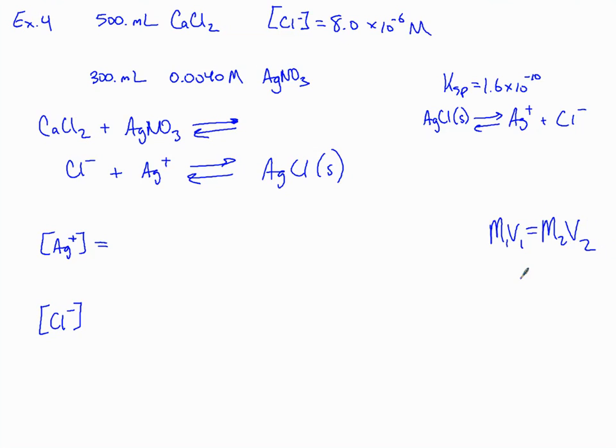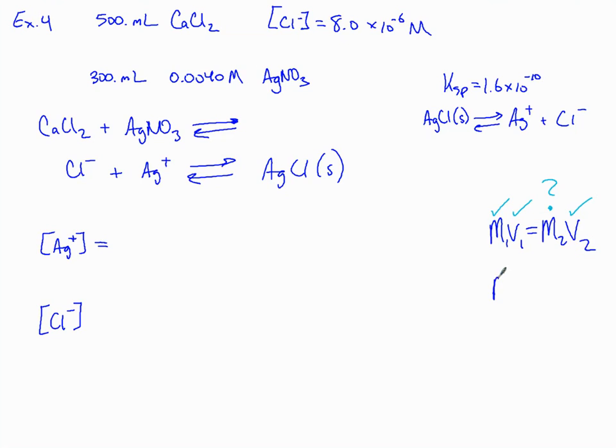This is your dilution formula, changing the concentration of volume. So we know the original concentration of the silver, it's 0.004. We know the original volume, it was 300. We do not know the new concentration, and that's what we're looking for. And we know the total volume of the solution afterwards. There was 300, then we added 500, and now it's 800.